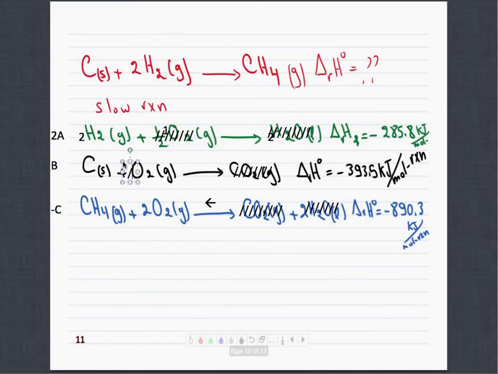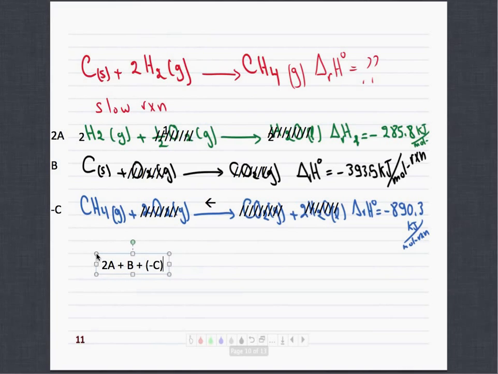If I add those 3 amounts as they are, I'm going to get the delta H of this reaction. I have to insert it because I don't have enough room in there. So when I add those, it's going to add up to carbon plus 2H2 gas to give me methane.